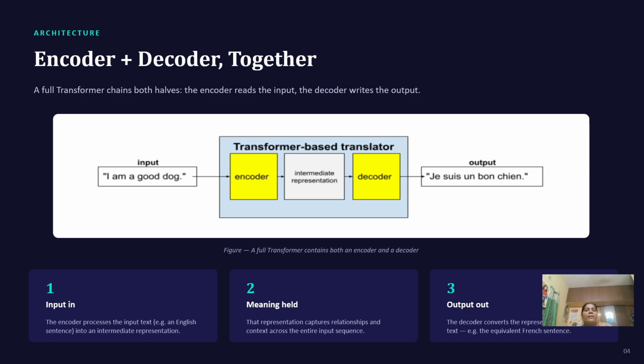The representation captures the relationships and context across the entire input sequence. The decoder converts the representation into the output text. Here the equivalent French sentence for I am a dog is output for this particular example.